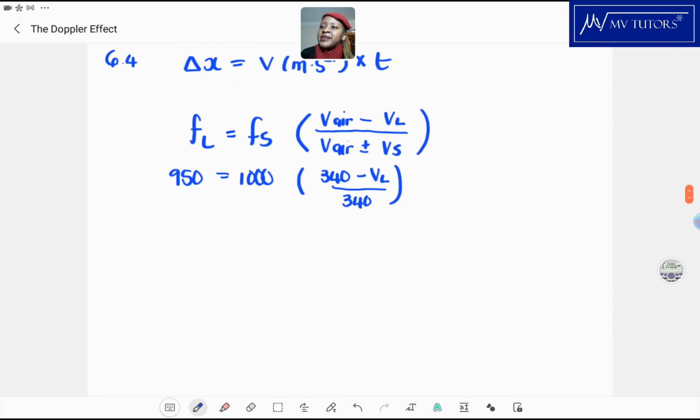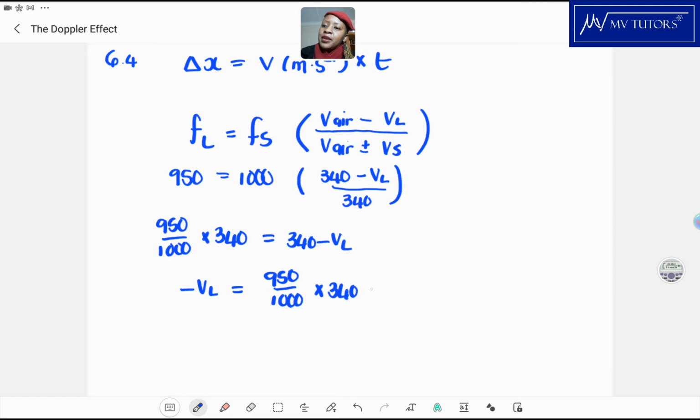Alright, so this is where maths comes in. Now we have 950 over 1000. This 340 is going to come this side. Then we are left with 340 minus the speed of the listener. Alright, and then I'm going to take, so I have negative, and then I have 950 over 1000 times 340 minus 340.